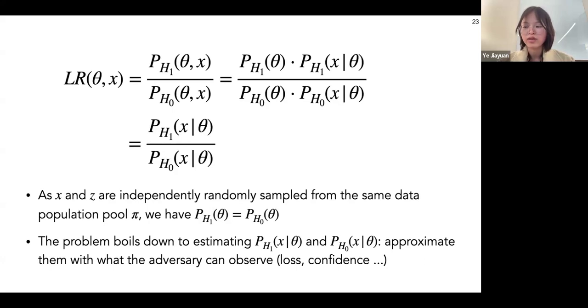And there are various tools that one could imagine using to approximate this likelihood, such as the loss of X on the model theta or the confidence of prediction using the model theta on the data X, and so on and so forth. And there is a vast literature using different techniques to estimate this likelihood. For now, let's just assume that they are given. So for example, these are the confidence of prediction on X given the model.